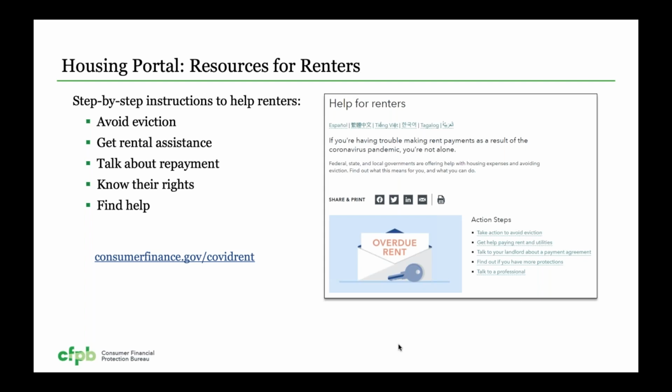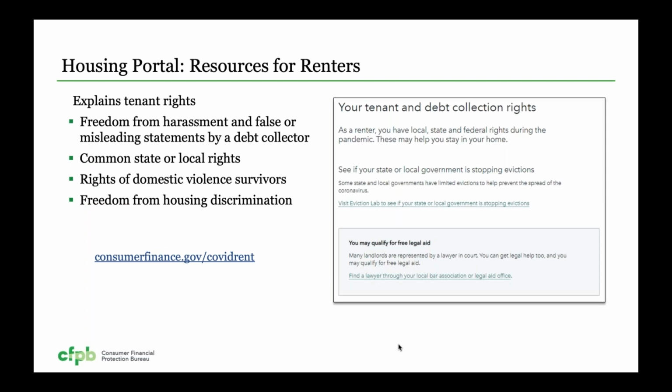It lets them know what their protections and rights are as tenants, especially when it comes to debt collection, and helps them find help from professionals such as housing counselors or lawyers. And if they need to file a complaint because something has happened, they can go through and check and see, is this something where I'm being given incorrect information?